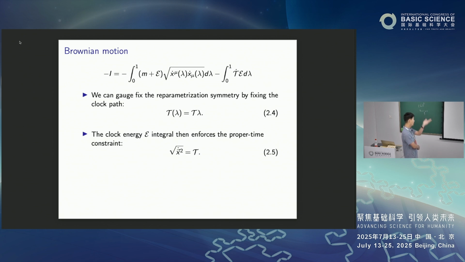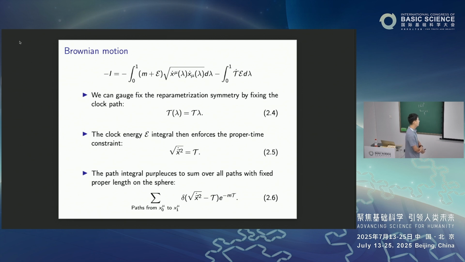Then you do the integral of the clock energy that enforces the proper time constraint. That just tells you that you can always parameterize your trajectory using the clock variable. So now this path integral reduces, sorry, this is a typo, to a sum of all paths with fixed proper length on the sphere.